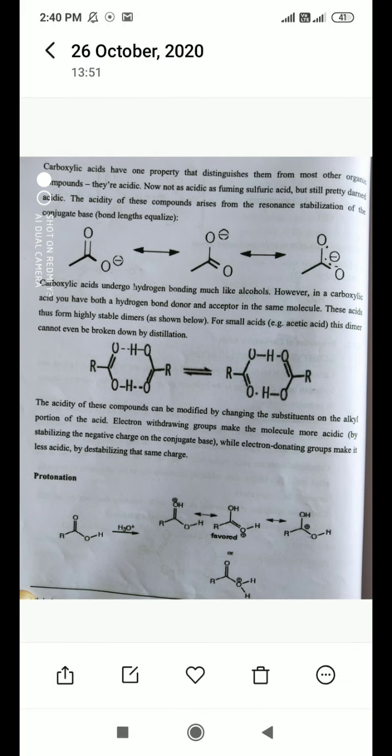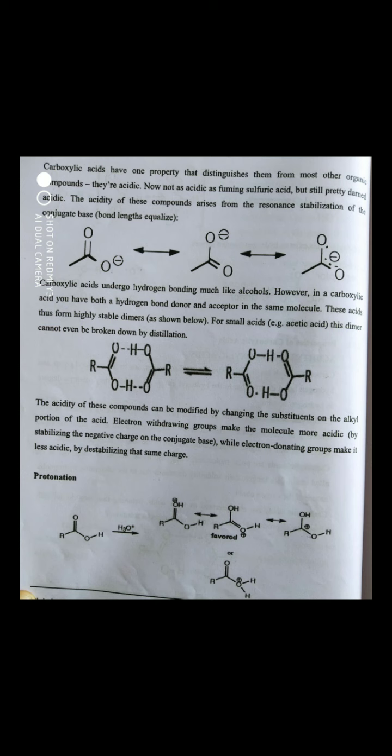Here the bond between C double bond OH shifts towards the C single bond O. So in the next structure, R single bond C, then C single bond OH is formed, and C double bond O, and the bond is shifted here, and that oxygen gets a positive charge.